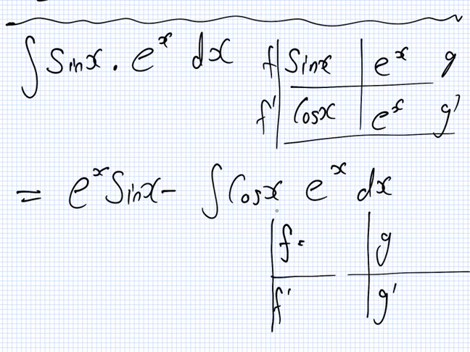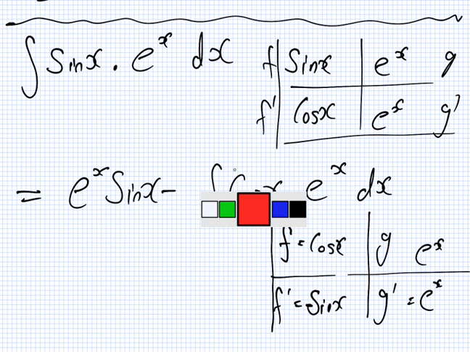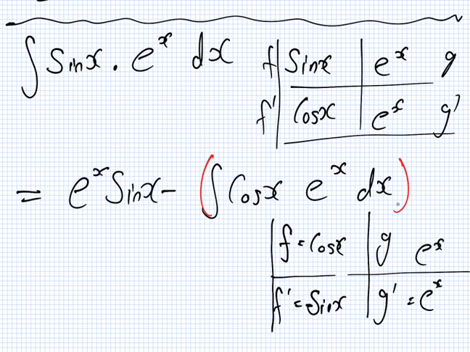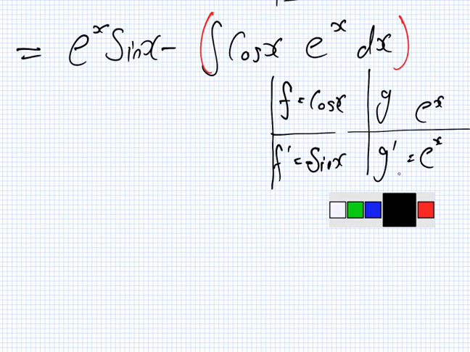So f is cos x, f derivative is minus sin x, and then we have e^x, and again just be careful, I'm using this for the piece at the back here, so I'll put brackets around it.